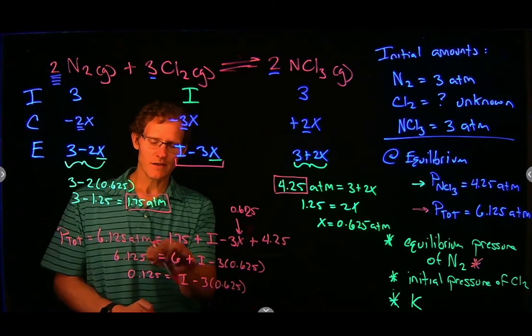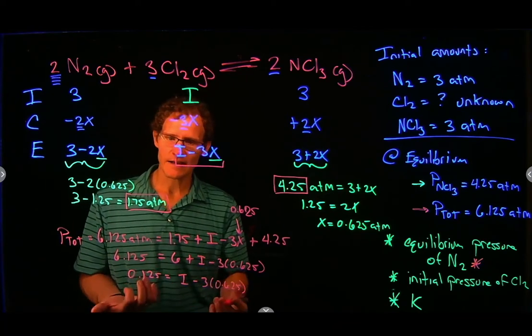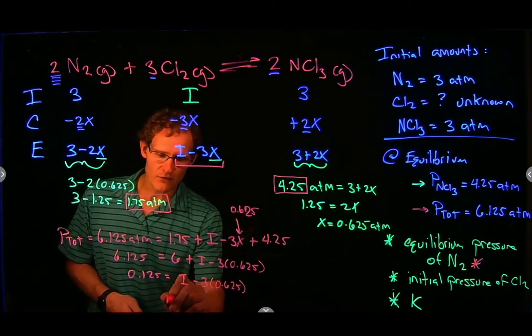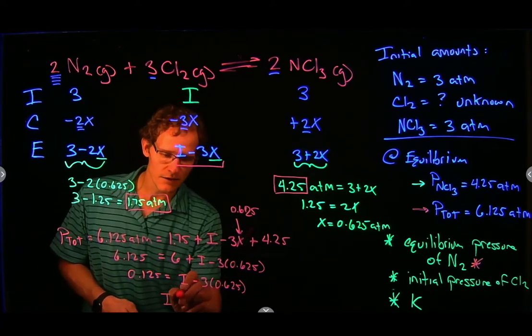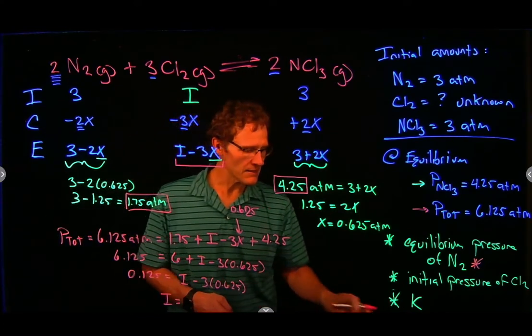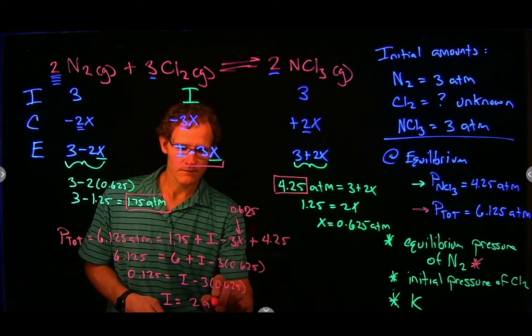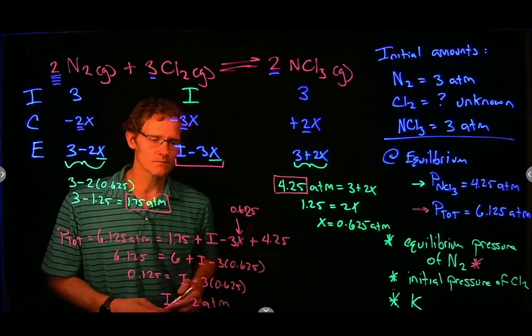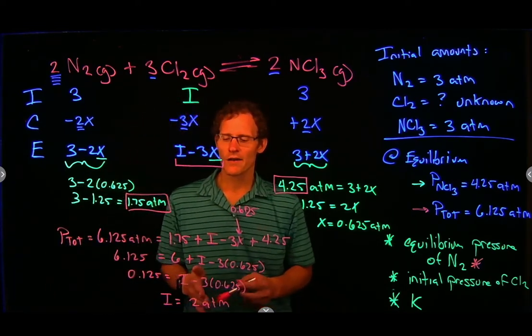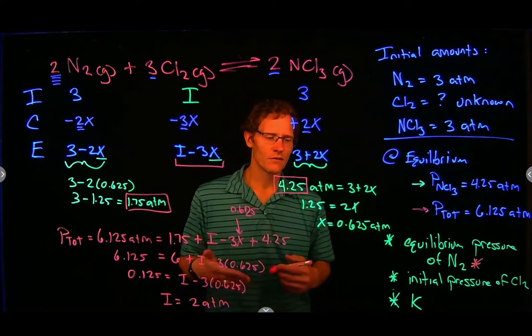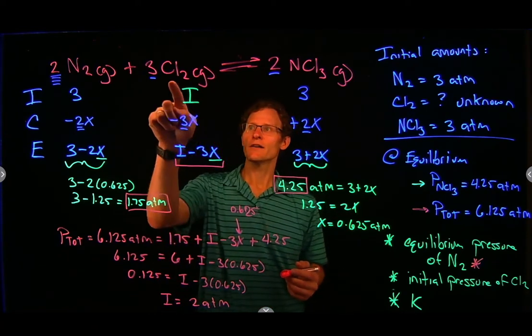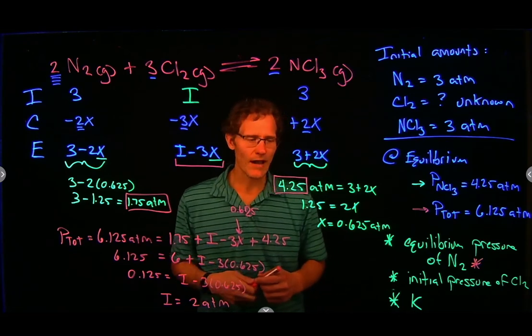I just subtracted 6 from both sides. I'm now in a position where I can quickly solve for I. You're going to see here that I is equal to 2 atmospheres. So the initial pressure of our chlorine gas is 2 atmospheres.